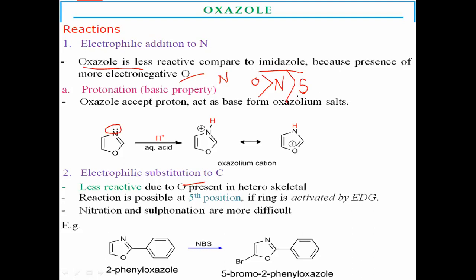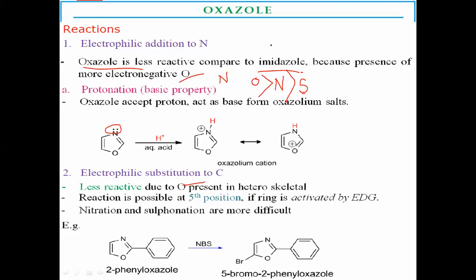Due to the electronegativity, oxazole is less reactive as compared to imidazole. If this type of question is asked in examinations, the major reason behind the reactivity of oxazole is the presence of oxygen, which is a more electronegative atom. The capacity of holding electrons is more with the electronegative oxygen than with nitrogen.